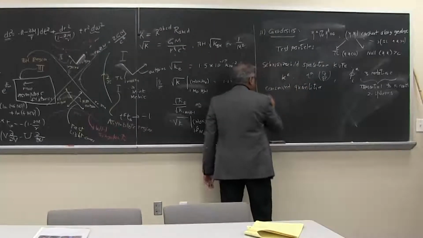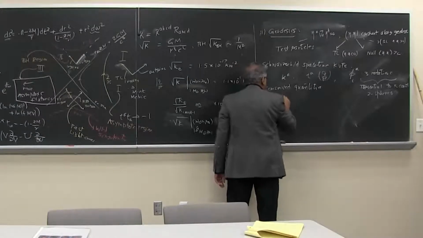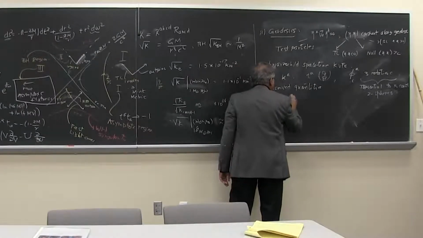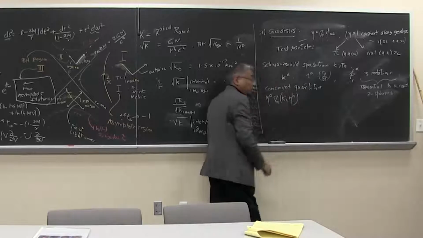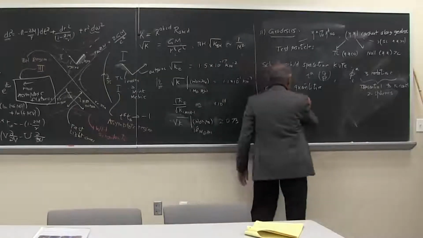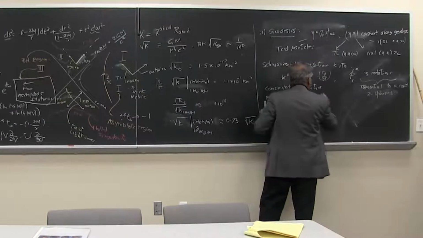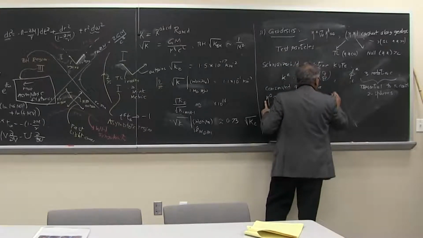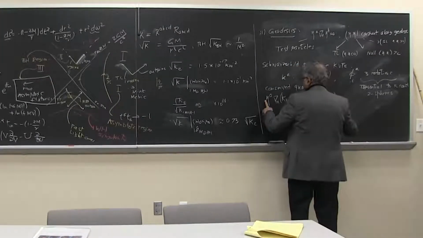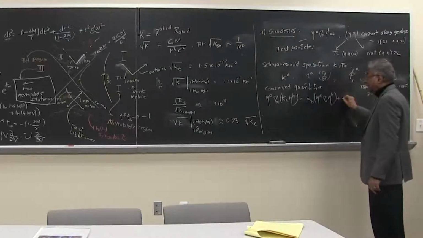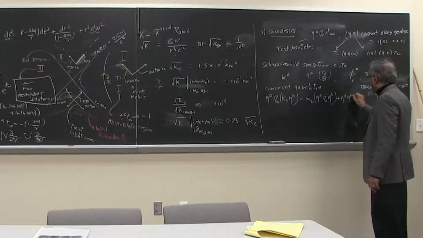Given any Killing vector field, I can take eta^A grad_A of K_B eta^B. You expand this out, and K_B comes out, and I get K_B eta^A grad_A eta^B plus eta^A eta^B grad_A K_B.